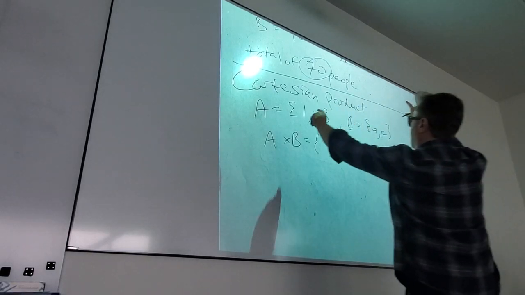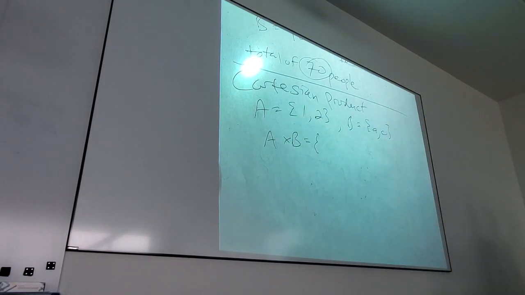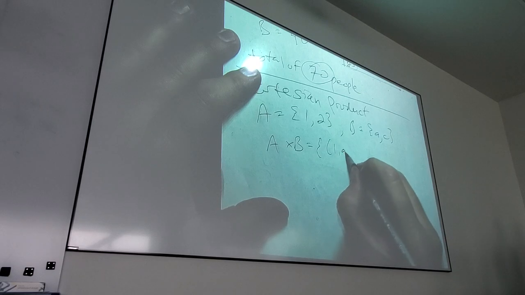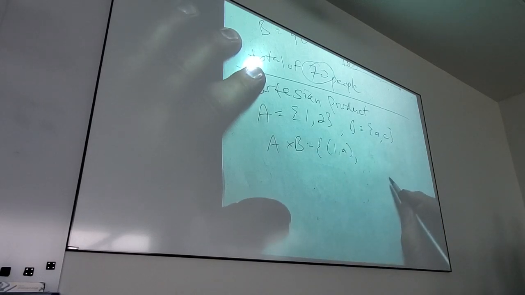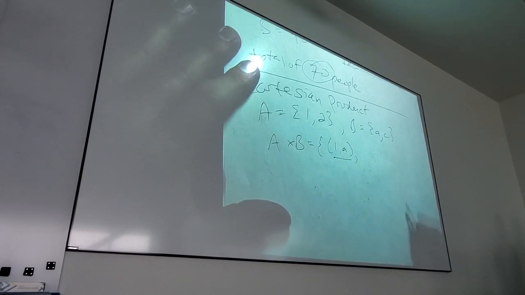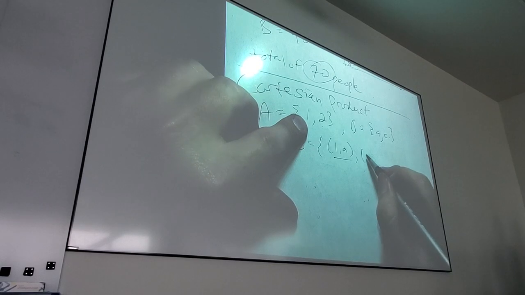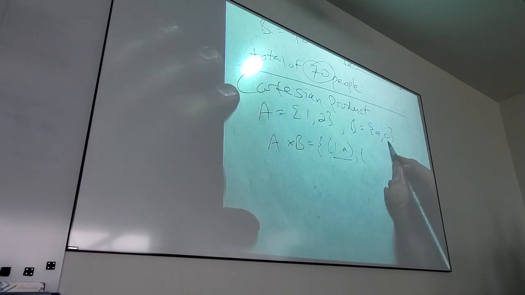So, for example, I can make (1, A), kind of like a point on an XY plane. What other point can I make? (A, 1)? That's the same thing. Okay. Yeah. So using this first and this second, what other point can I make? I can make (1, C).